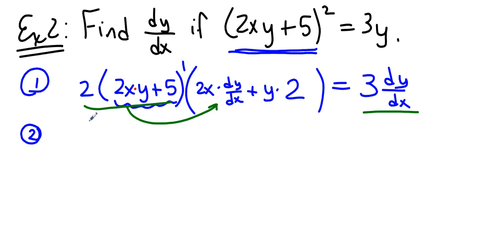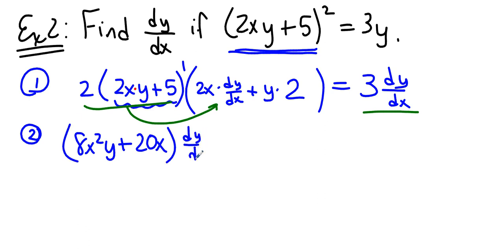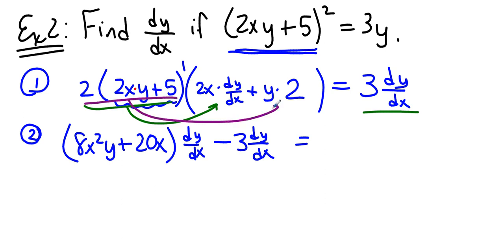So the left side is 8x squared y plus 20x dy dx minus that 3 dy dx. The other side is what happens when we distribute this to there and kick it over to the other side. That's negative 8xy squared minus 20y.